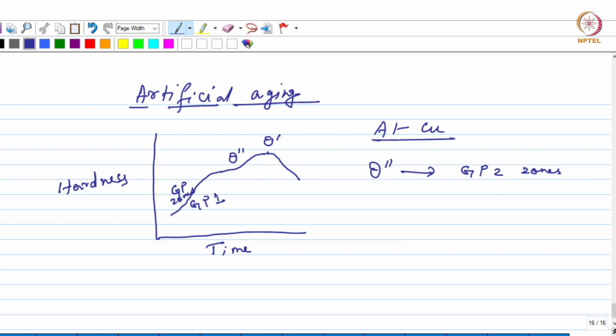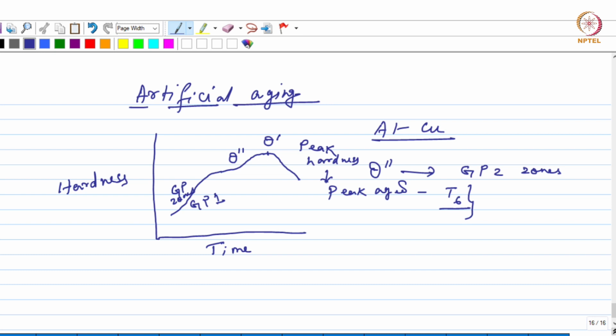So when the precipitate forms, you will get the maximum hardness, that is the peak hardness, and this condition will be known as the peak-aged condition, and this is what is indicated by this T6 temper that we discussed before, right?